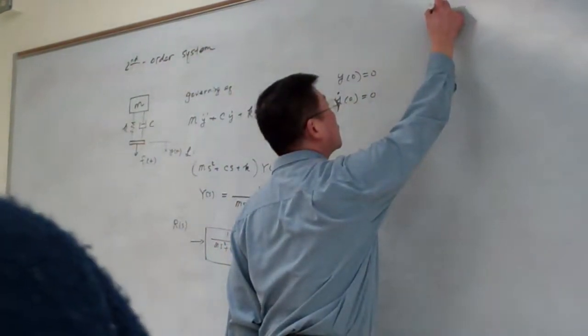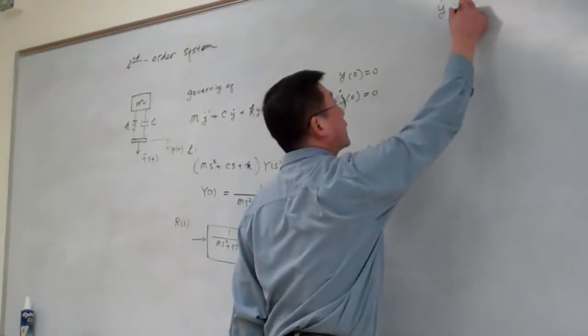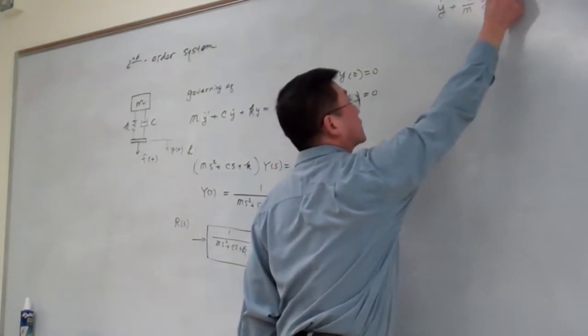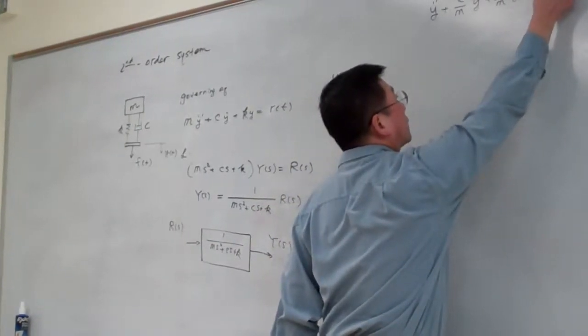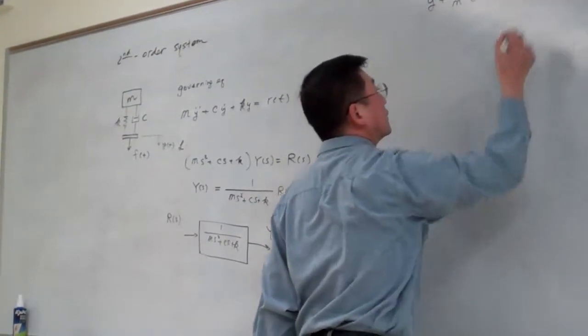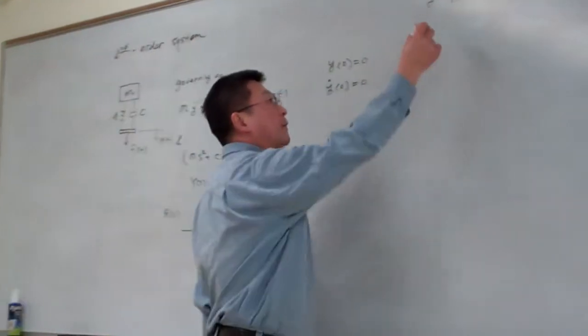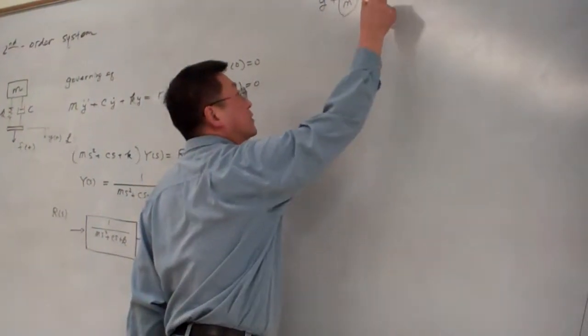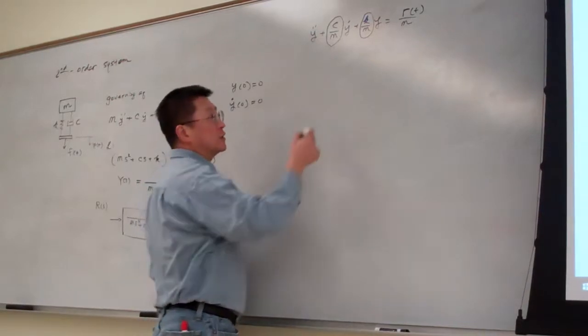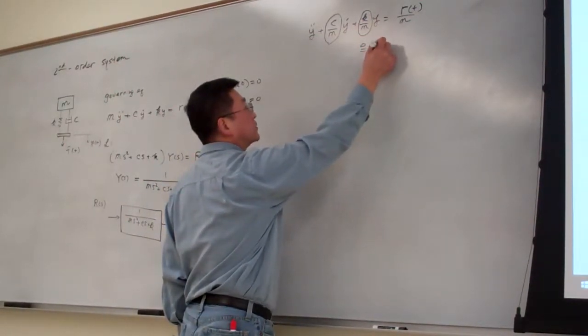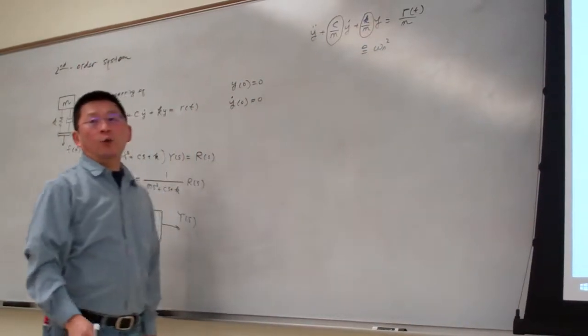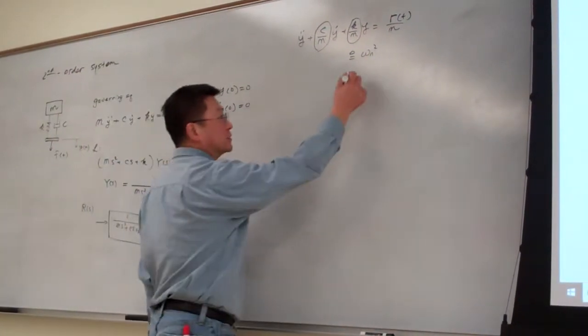So that will be y double dot plus c over m y dot plus k over m y equal to r of t divided by m. Okay. And they come up with certain definitions. K over m simply is defined as omega n squared. Okay, omega n is called the natural frequency.